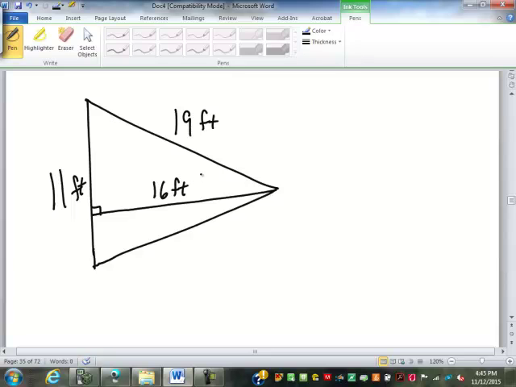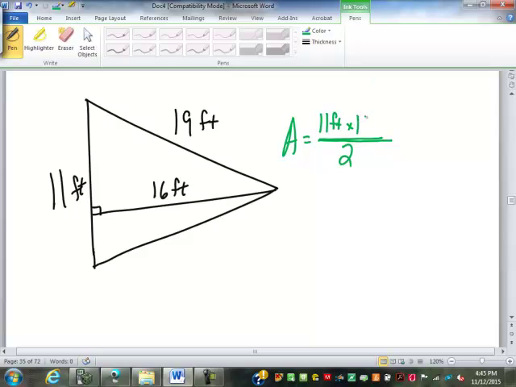Find the area of this triangle. What two numbers are we going to multiply together?